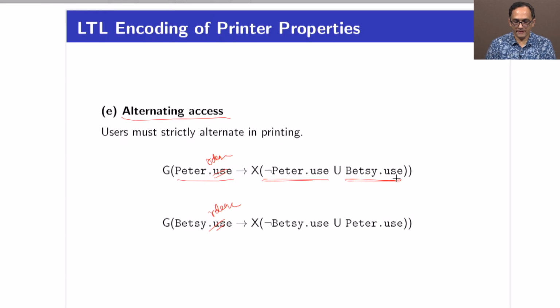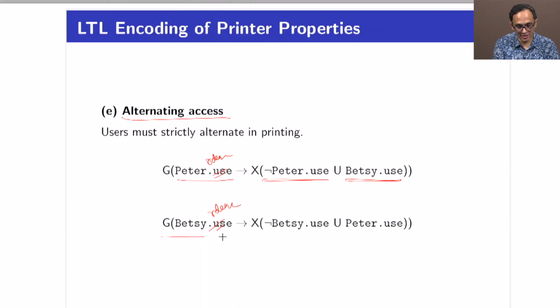Okay. So it basically says that if Peter releases the printer, that means his printing is over. Now he has to wait until Betsy uses it, right? Same thing if Betsy releases it, that means she has completed her printing. In the next state, she has to wait, not Betsy, until Peter use.